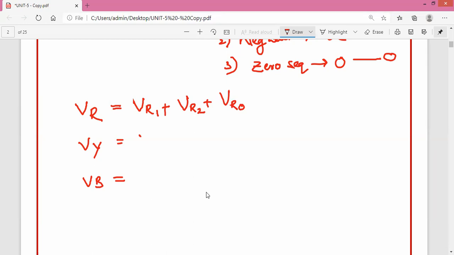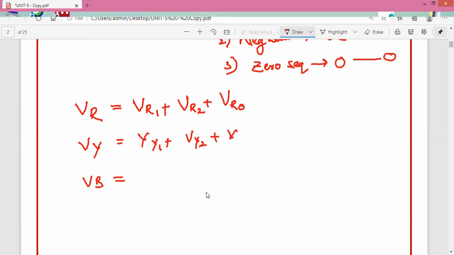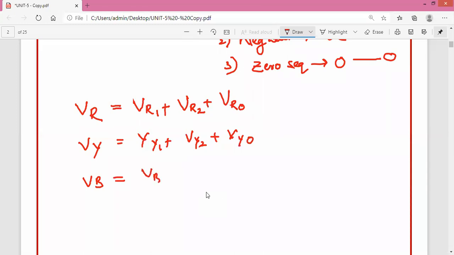Similarly for the Y phase, and similarly for the B phase also. By representing with the set of balanced parameters, the time taken for calculation is reduced, and the equations are also reduced.